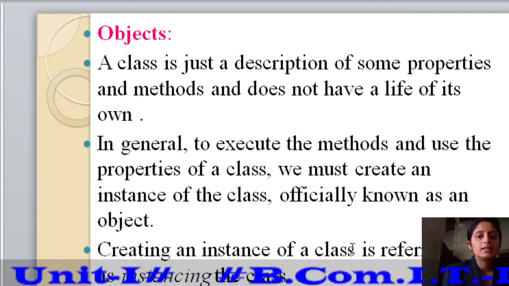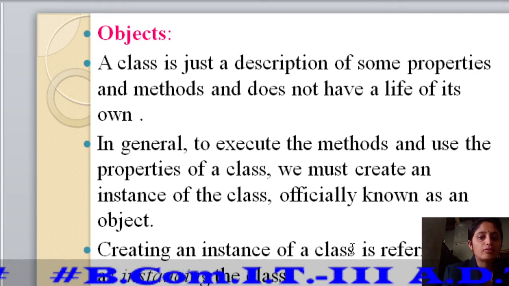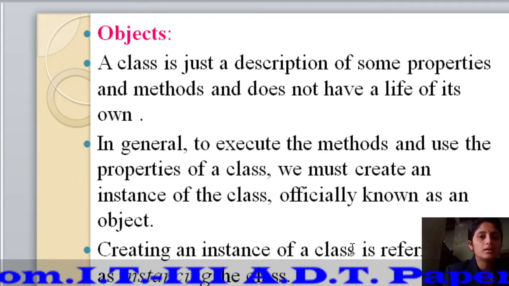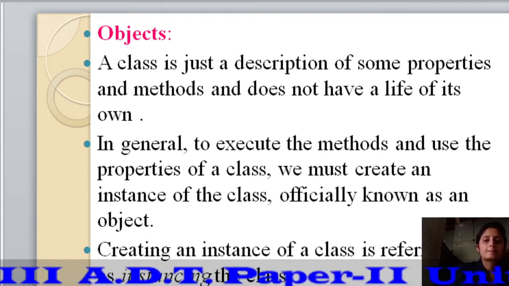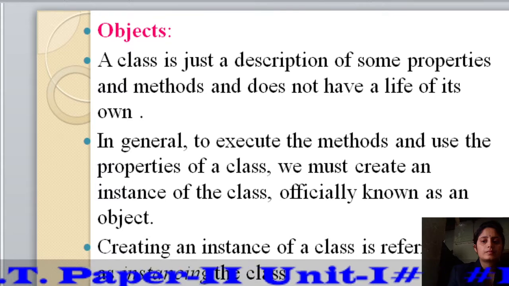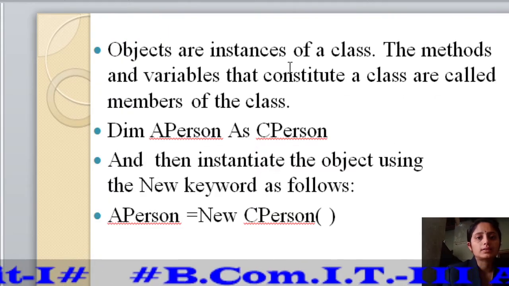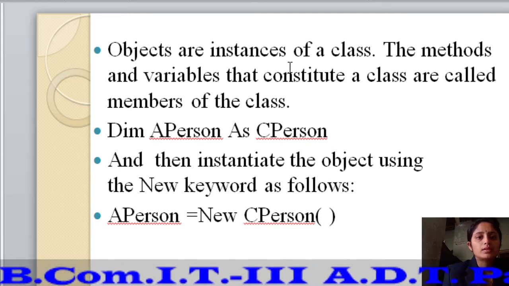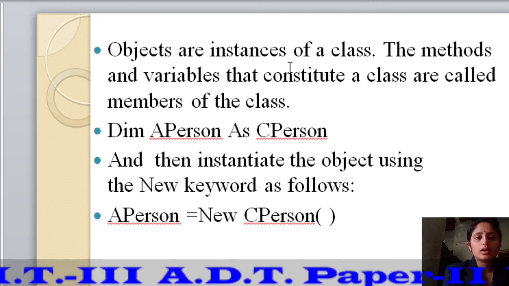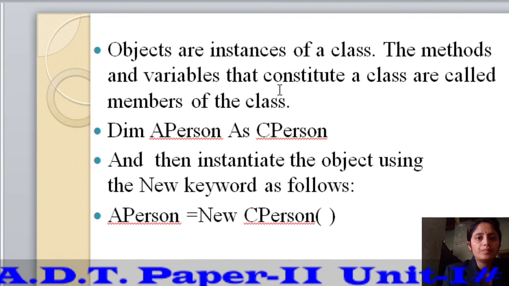Creating an instance of a class is referred to as instancing the class. Objects are instances of a class. The methods and the variables that constitute a class are called members of the class.